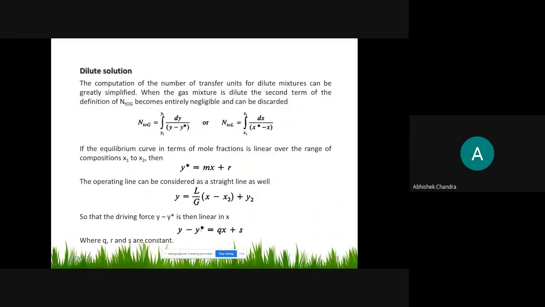Then for the dilute solution, the computation of the number of transfer units for a dilute mixture is greatly simplified. Why?